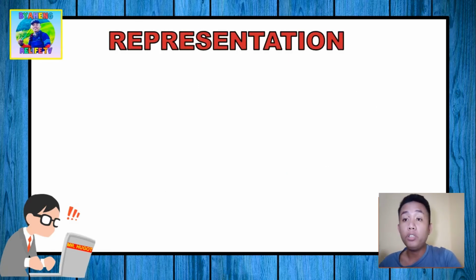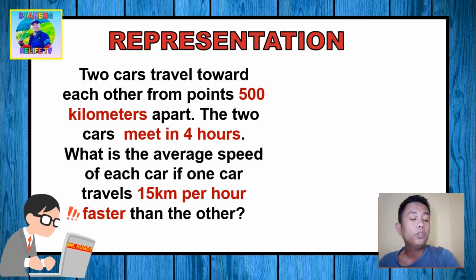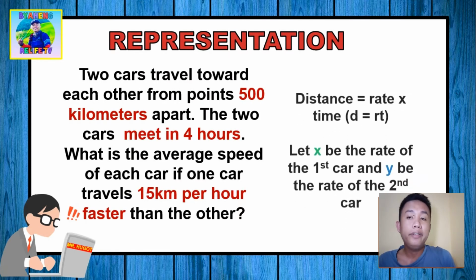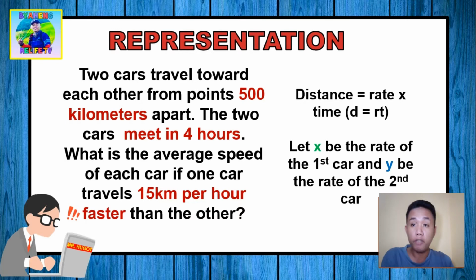So, let's start with the representation. So, we have our problem. Now, kailangan natin guys recall, pag we're talking about motion problem, lagi guys ang motion ay distance equals to rate over the time. Yung distansya na cover ng isang sasakyan o isang bicycle or kahit anong nagalaw na object ay equal yan sa rate.